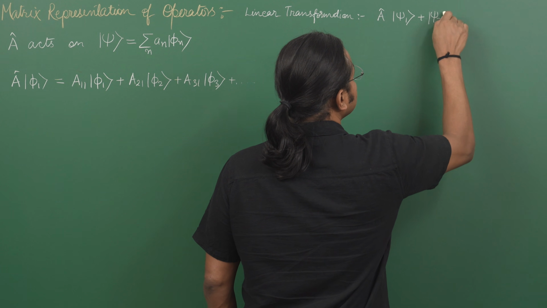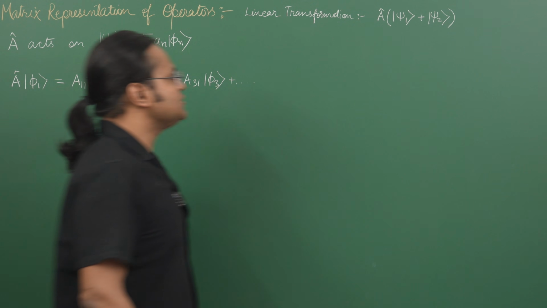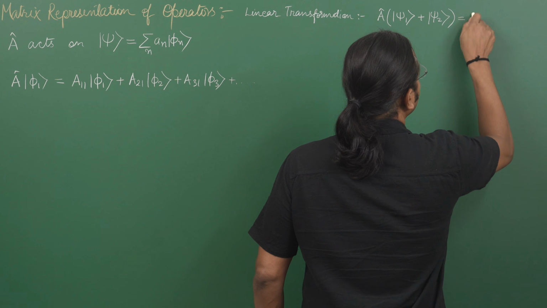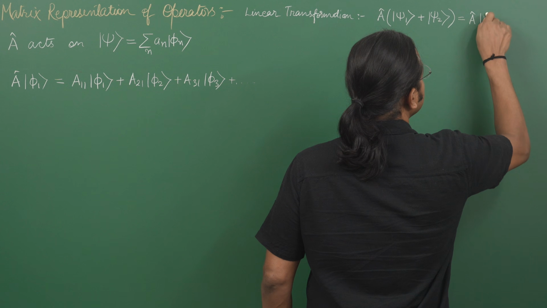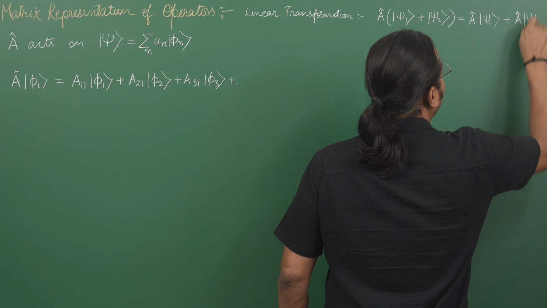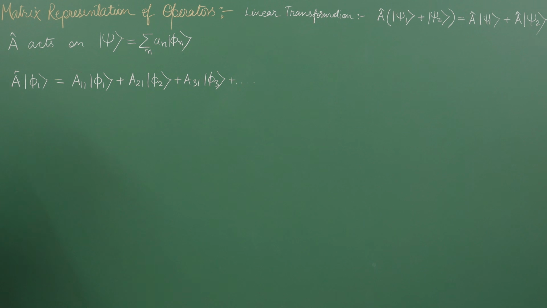I could as well take some coefficients here, but it's okay. I just want to convey the idea. So if the linear transformation acts on the sum of psi 1 and psi 2, then this simply means that this is nothing but the sum of the operator acting on psi 1 and the operator acting on psi 2. That's it. So being a linear transformation, it satisfies this particular property.